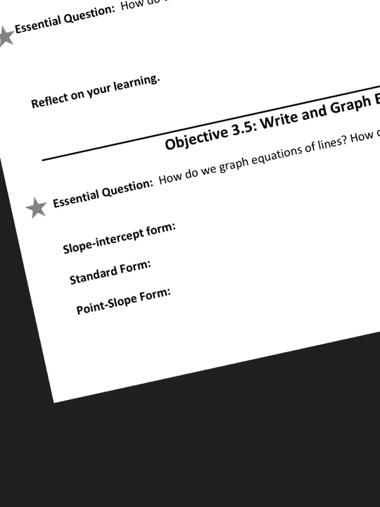So before we jump into this, let's remind ourselves of the three forms for a line. There is slope-intercept form, y equals mx plus b, where m is the slope and b is the y-intercept. There is standard form, which is ax plus by equals c, where a, b, and c are all integers and a is positive.